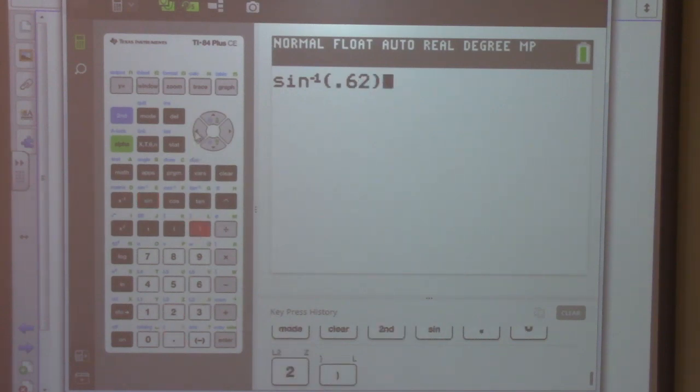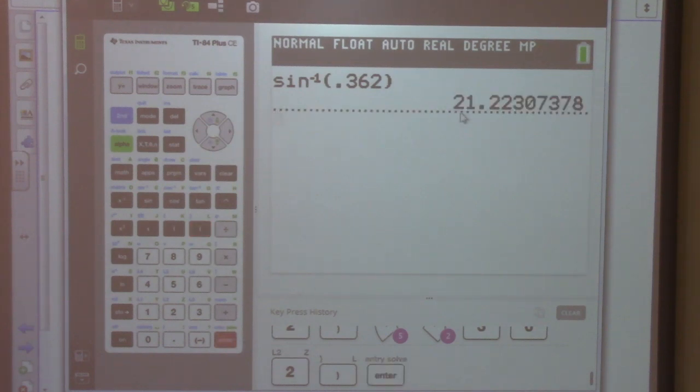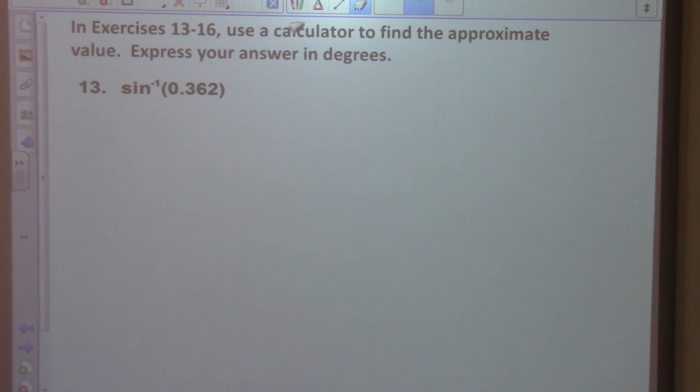If we go to 2 decimal places, we would say that would be 21.22 degrees. So our answer to this question is 21.22 degrees.